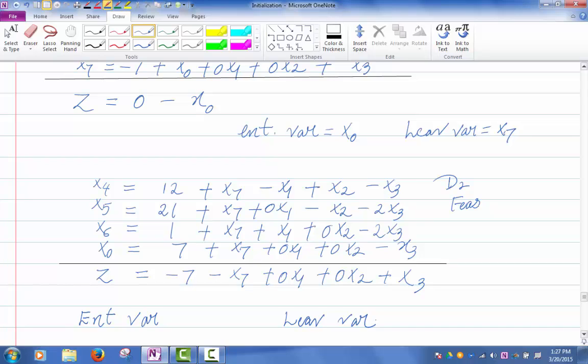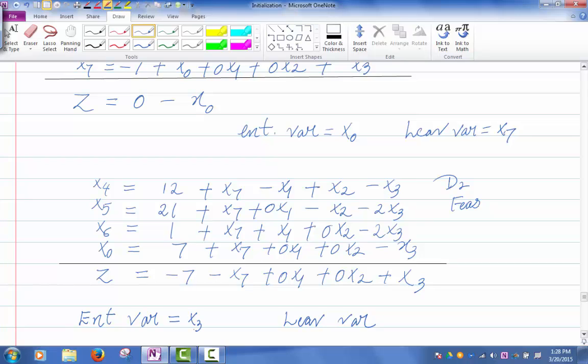How do you choose the entering variable? Yeah, so x3 will be the one because the coefficient of x3 is the largest. This is a maximizing problem, right? So the entering variable would be x3.